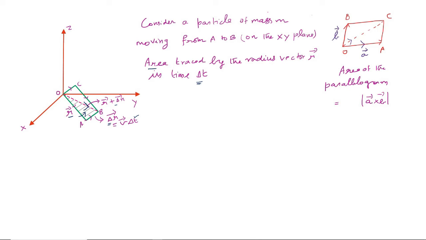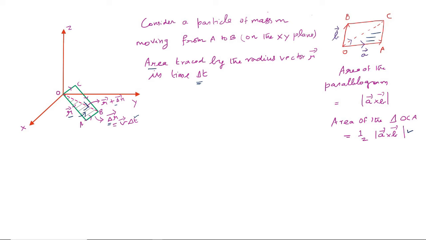Half of this will be the area of the triangle OCA or the triangle OCB, that is, half of modulus A cross B.